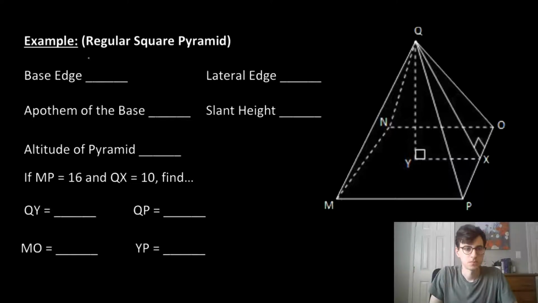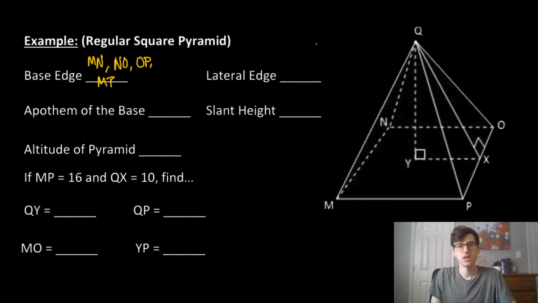MN would be one of those, or NO, or OP, or MP, or PM, whatever you want to call that. All those four are base edges. Now, lateral edges, that's different than the slant height. A lateral edge is these edges of the triangles up here.